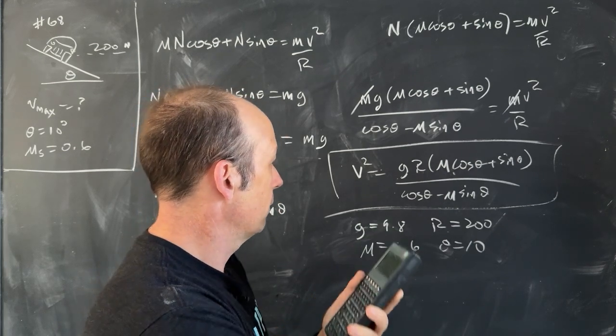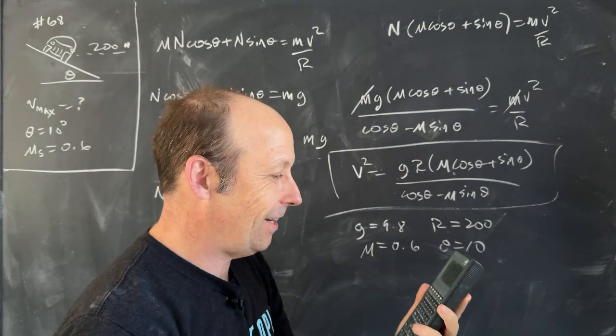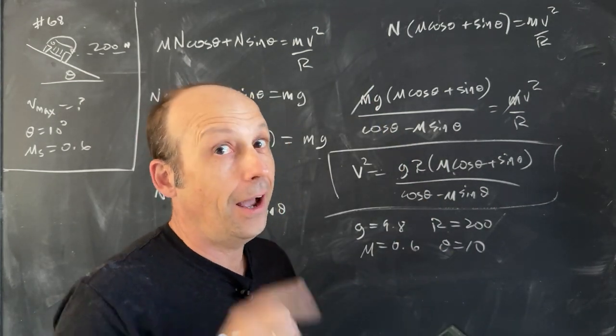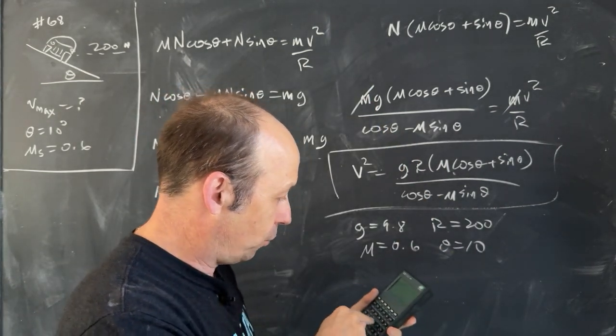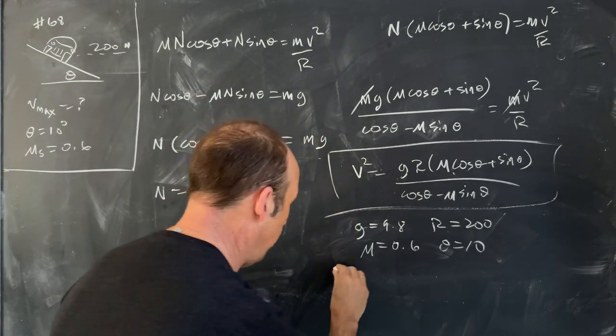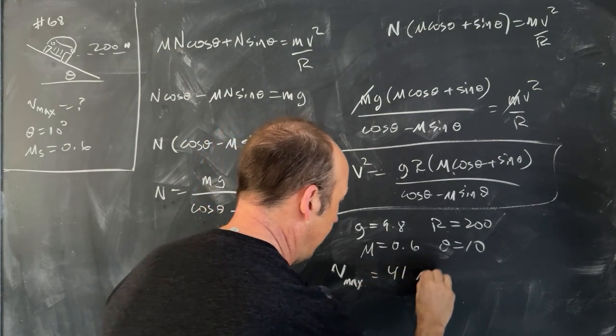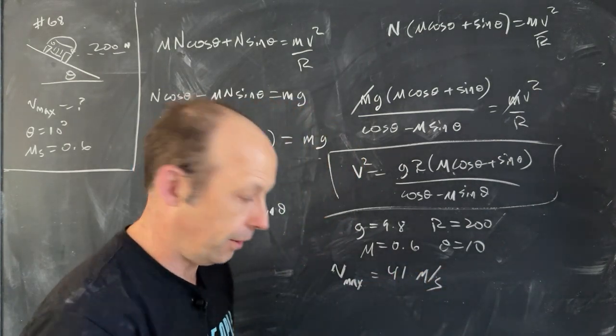No way. I got 1701. I'm like, there's no way. But that's v squared. So now I'm going to take the square root, and I get 41. So v max is 41 meters per second. There you go.